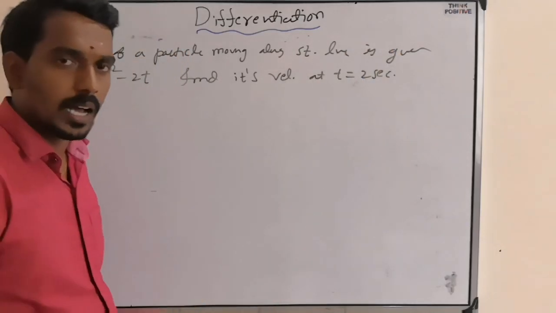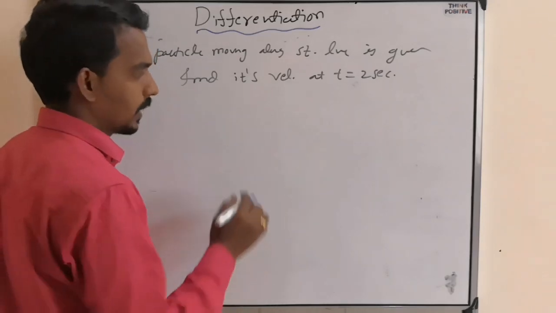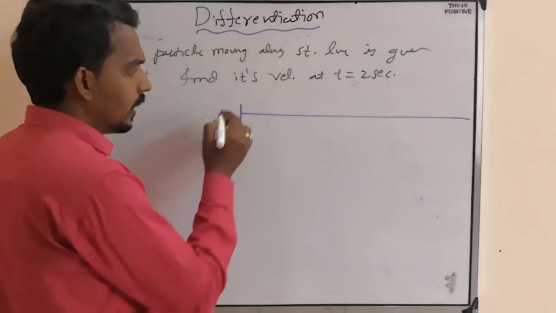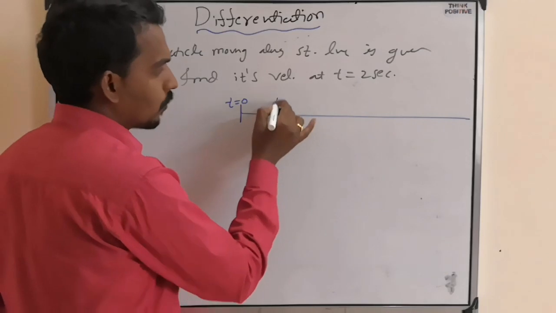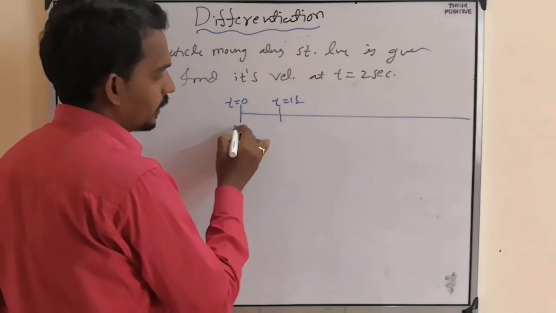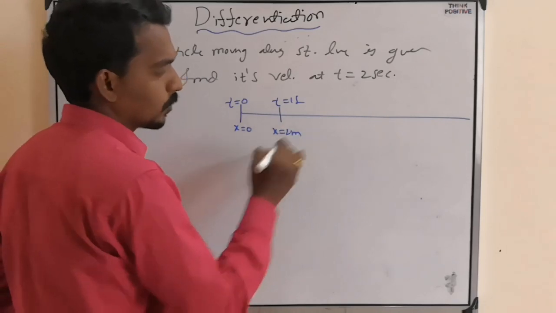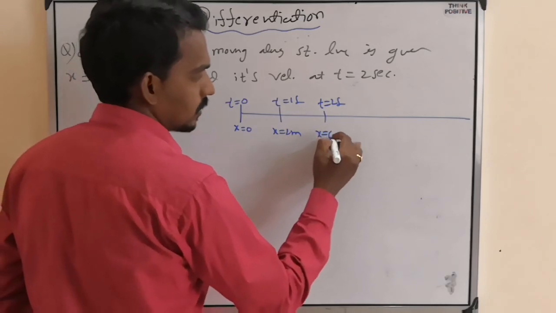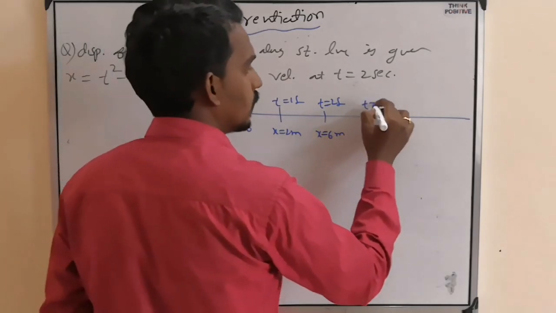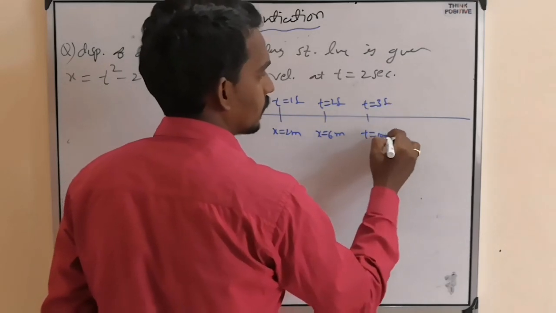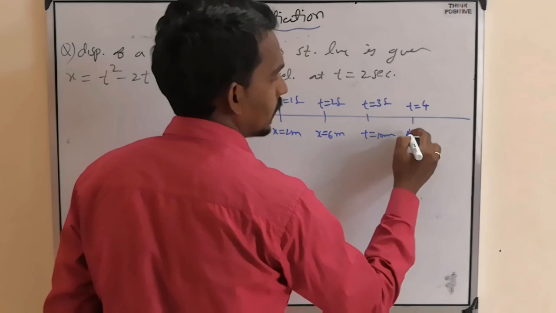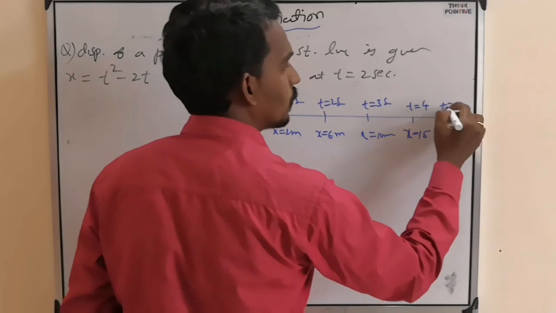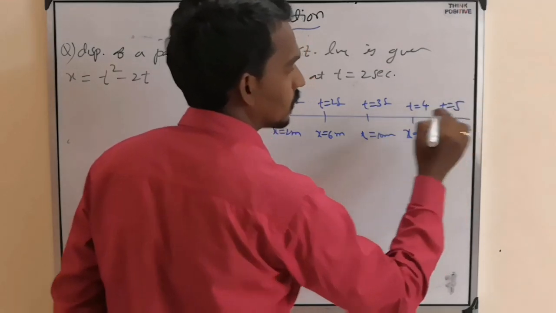I said already in the last class, but still once again I am explaining. Suppose a particle started here and is moving. Starting at t equal to 0, after 1 second it covered 2 meters, suppose. Then after 2 seconds, now it is at 6, then 10, after 4 it is 15, then after 5 it is 25, suppose.